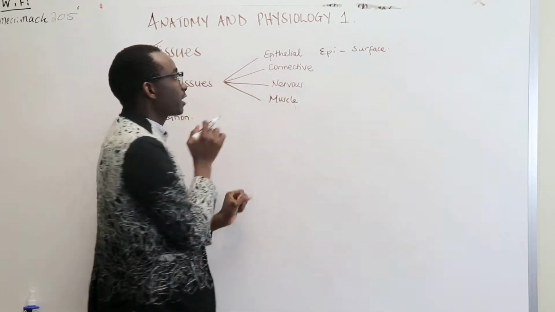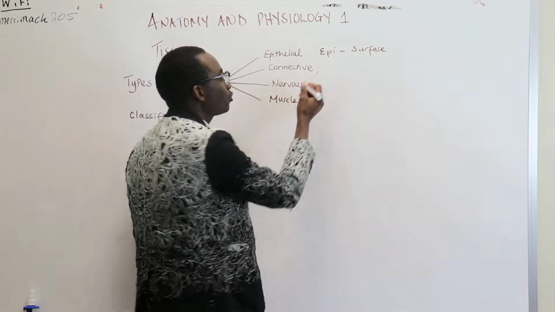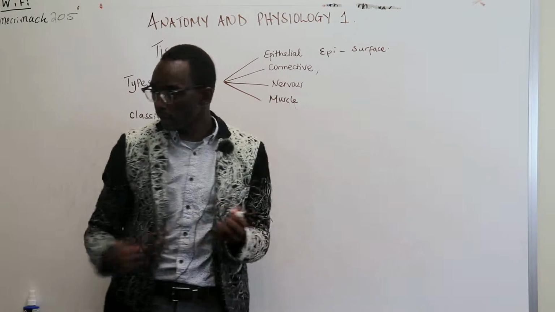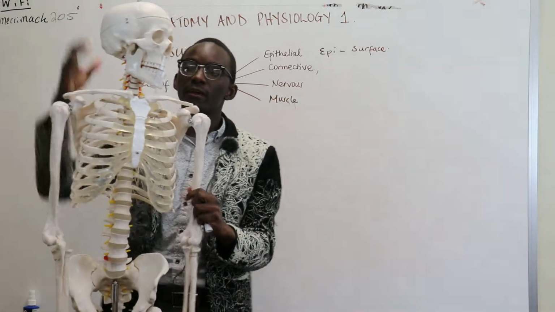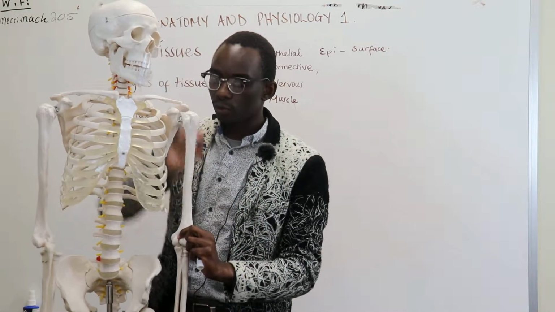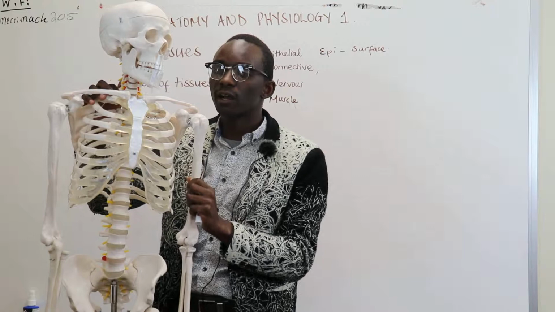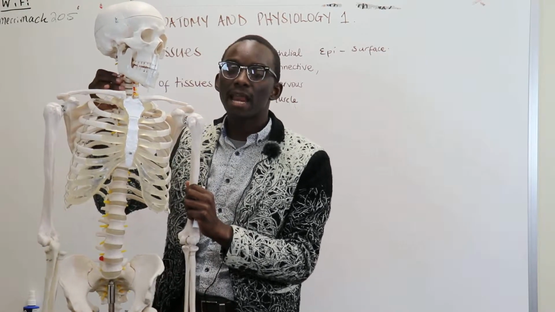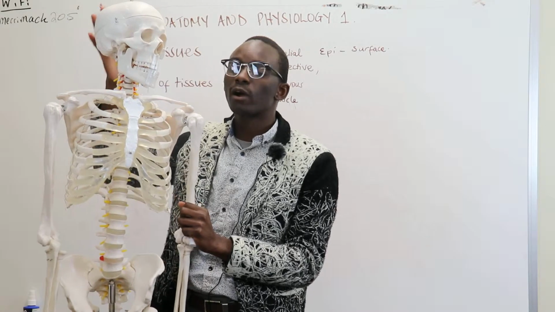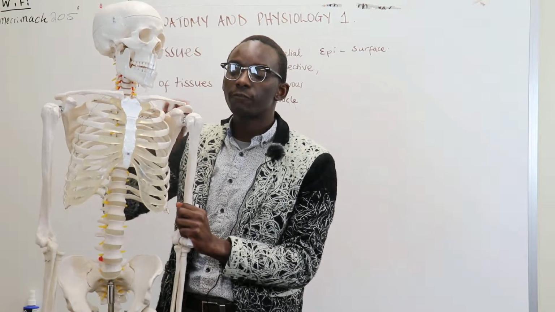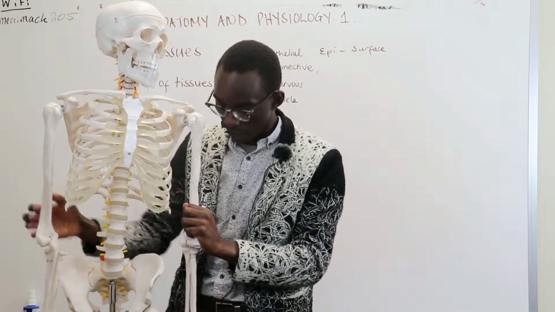We also have another type of tissue called connective tissue. Here on this model we have a very good example. The bones are connective tissue. The ligaments and tendons are also types of connective tissue, plus the blood itself, since it connects to all the different tissues that we have.